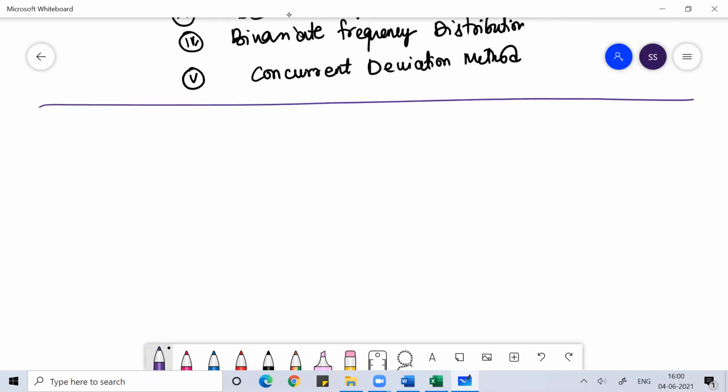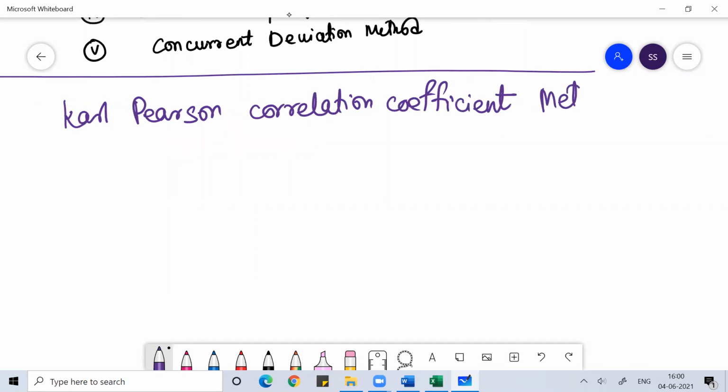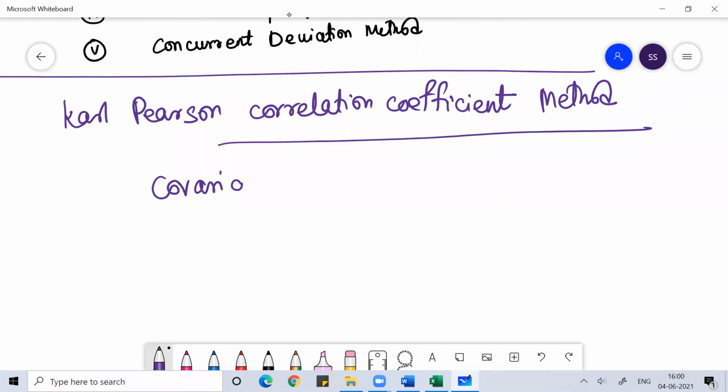So if I talk about the Karl Pearson correlation coefficient method, there you need to remember this formula: the covariance between x and y is equal to R between x and y, where R means the correlation coefficient between x and y, into the standard deviation of x into the standard deviation of y.